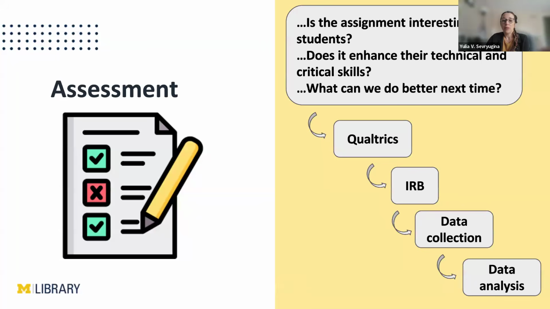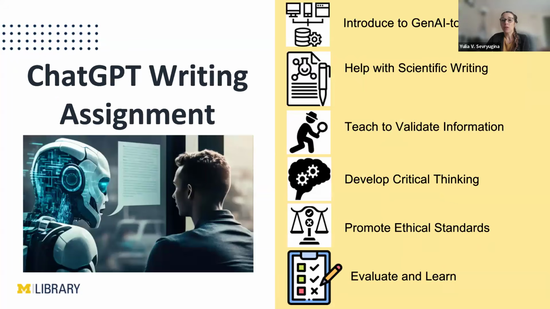But the benefit of this was that we were really able not only to teach students AI literacy, right? So, introduce what Gen AI tools are available, which tools they may use to help them with scientific writing. And of course, also teach them how they should use these tools ethically, right?